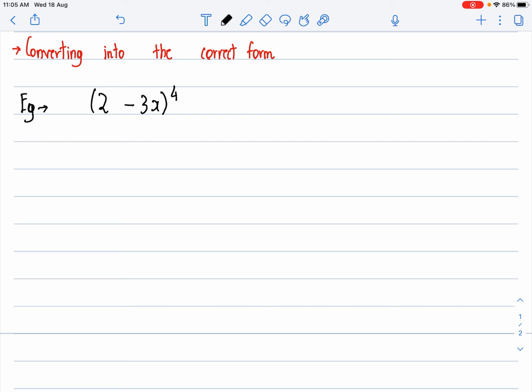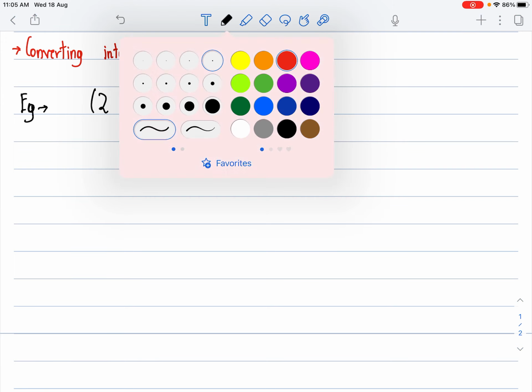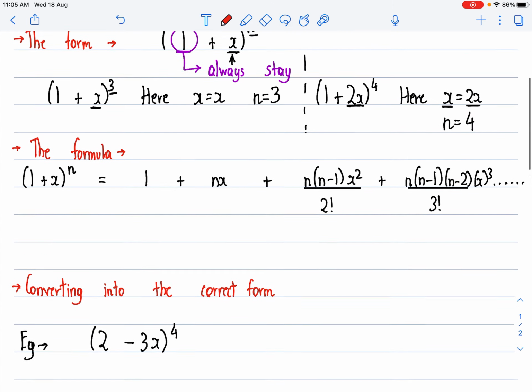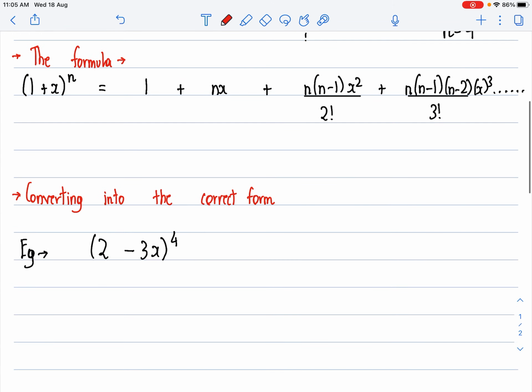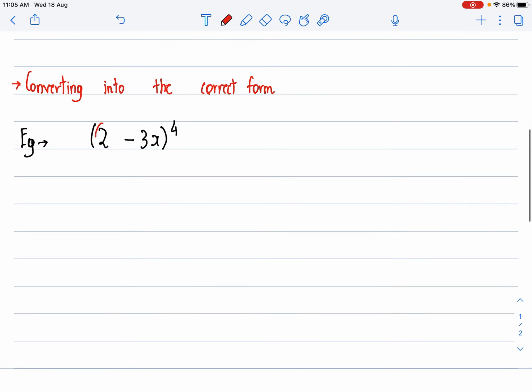I know for the correct form, what do I need? It's even alright if you have a negative here in the middle. This is alright, you don't need to be concerned about that. But the most important thing is this 2 here. Here you should only have a 1.